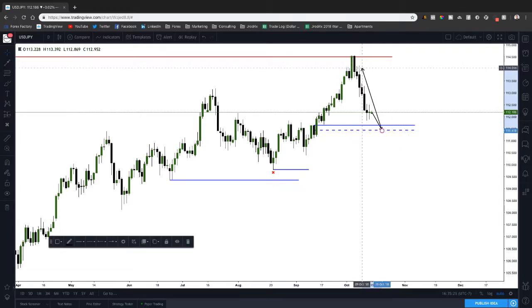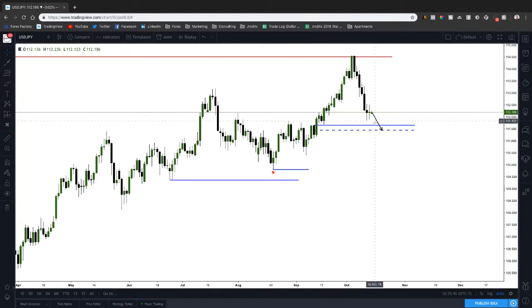And if we get above the 50% level of this candle, then I'd be looking for 114.50 up here. So you could pretty much exit a good portion at 113.50, and then keep a little portion, trail your stop, and see if you can get above 114.50. And that's basically how I'd play this pair.